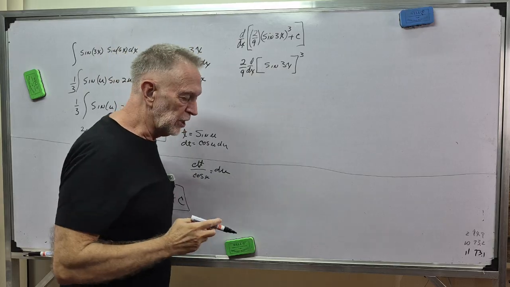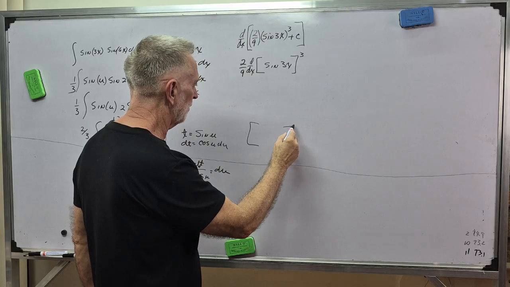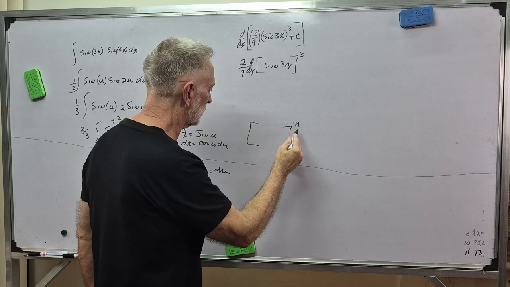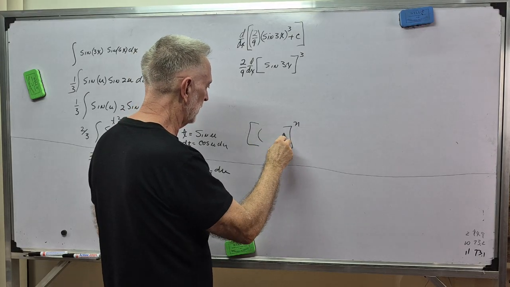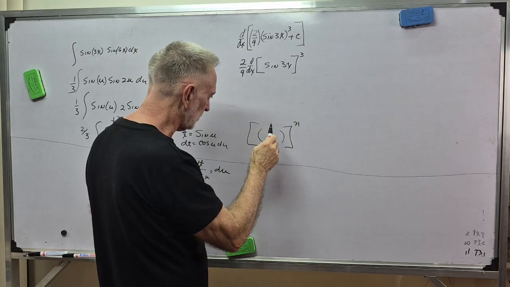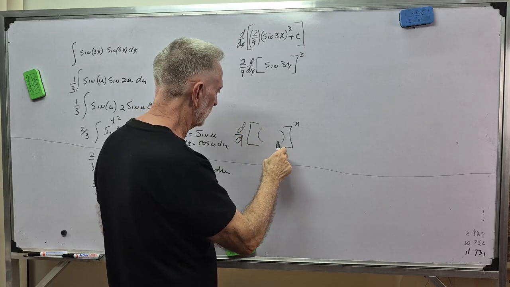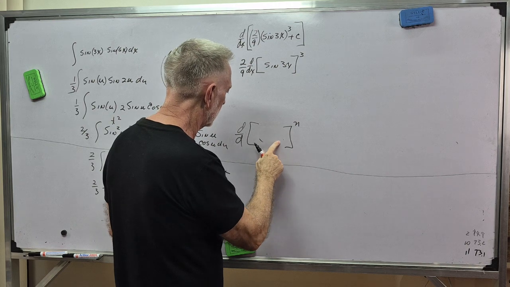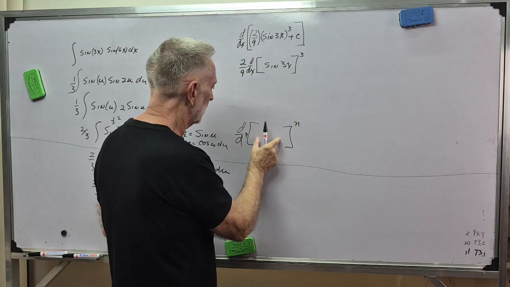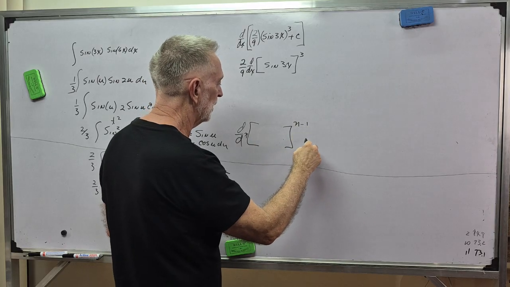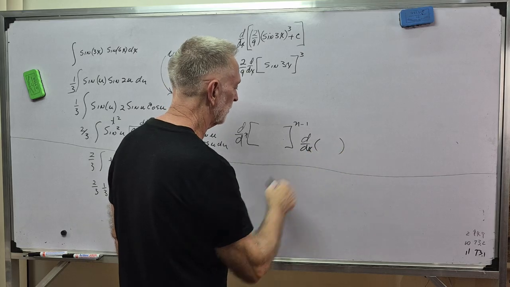Now, in the chain rule, we have an outside function. We're going to take the derivative of that. So in this case, it's to the third power. We'll have it to the n. And then there's an inside function. So we're going to take the derivative of the outside function first, which is going to be n times this to the n minus 1 times the derivative then of the inside function.